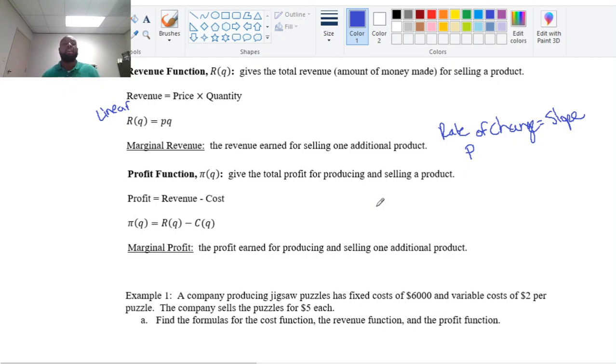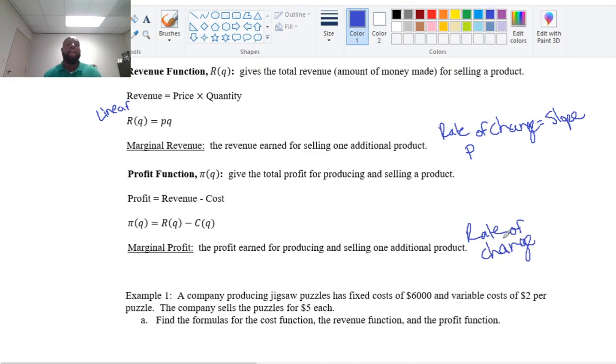The amount of money that they bring in on top of the sales, after accounting for the production cost, is your profit. Profit equals your revenue function minus your cost function. Here it is in math notation. And just like we have marginal cost and marginal revenue, which were the rates of change of cost and revenue, we also have the marginal profit, which is the rate of change of your profit function.